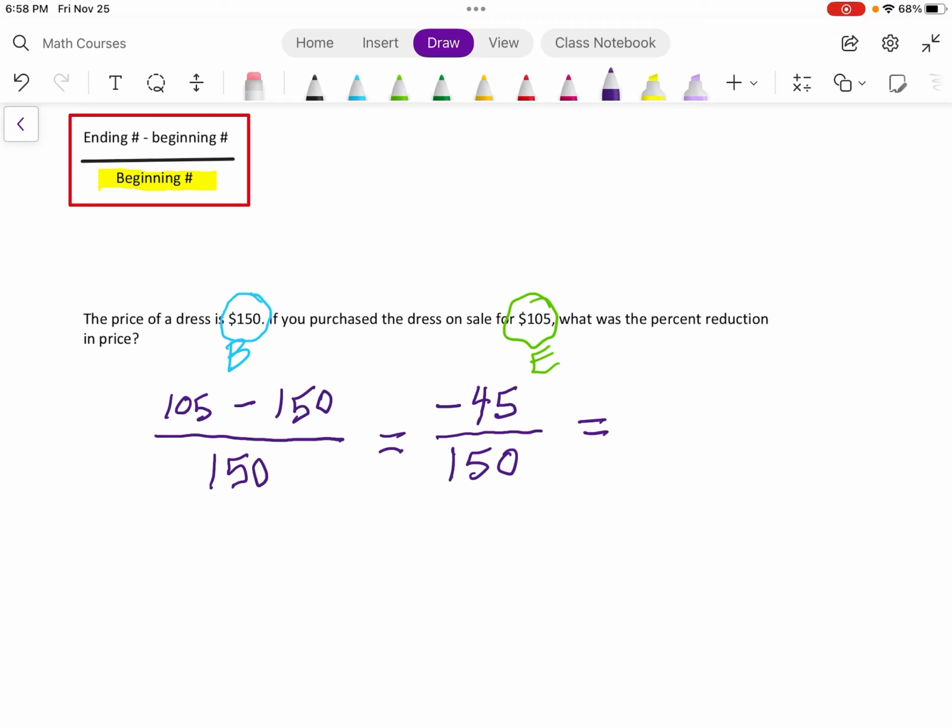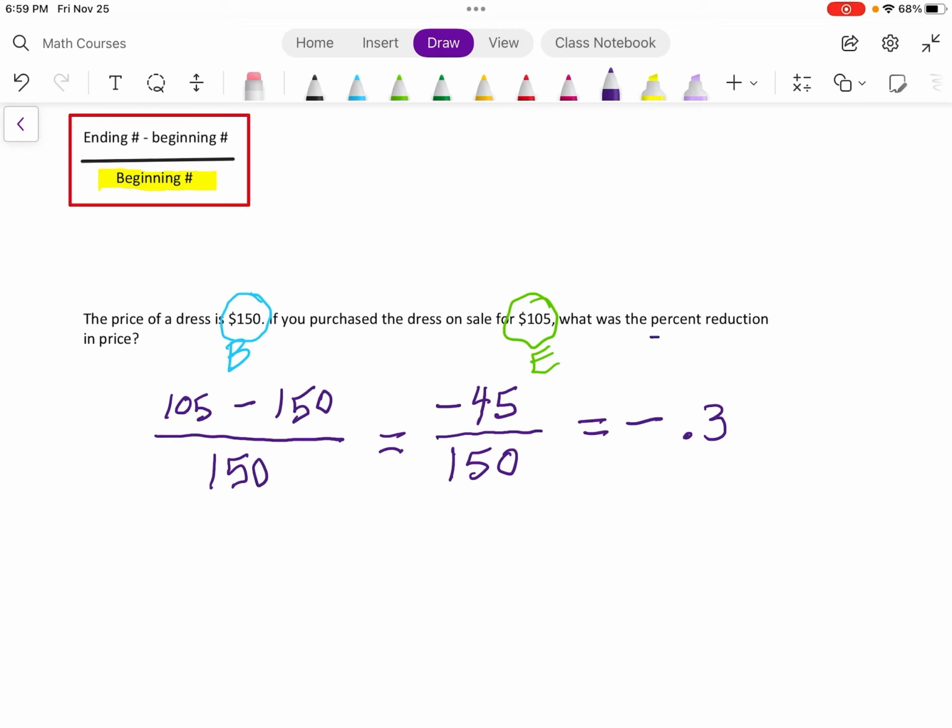So they'll have specific keys that you can click for a negative amount, which usually has parentheses around it with a negative sign. You really don't need it here. You know that your answer is negative, and then you can just type in the calculator 45 divided by 150. And that gives us a negative 0.3.